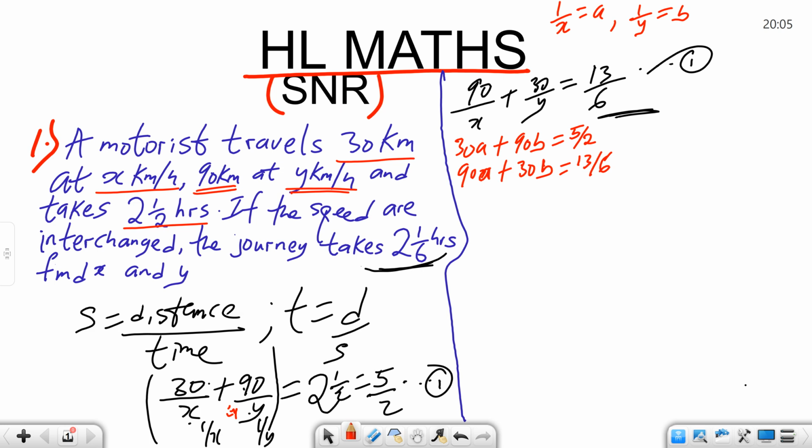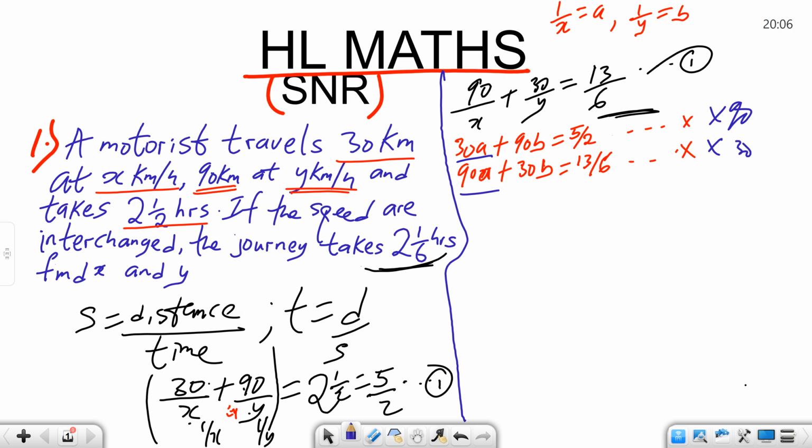So the next thing is to solve both equations simultaneously. I will just use elimination as it's faster and easier. I want to get these coefficients equal so I can eliminate. So what I will do is multiply through equation 1 by 90, then multiply through equation 2 by 30.